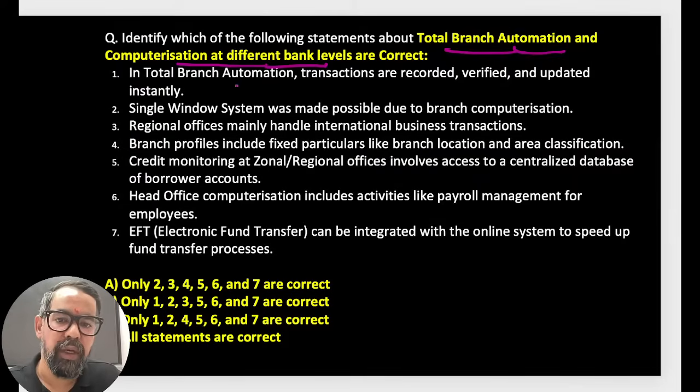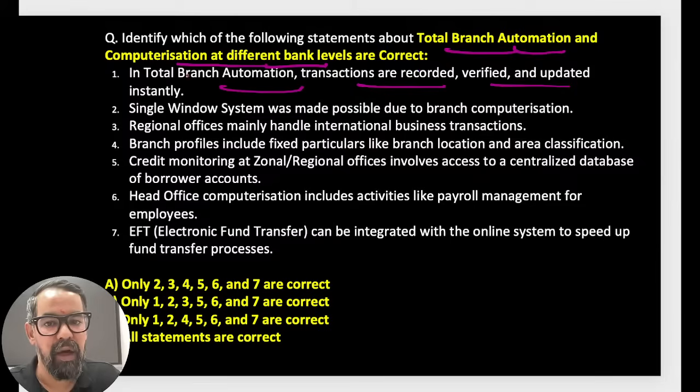In total branch automation, transactions are recorded, verified, and updated instantly. Instant transaction updation, yes. The single window system was made possible due to branch computerization. Regional offices, mainly head offices, handle international business transactions. That makes this statement wrong.